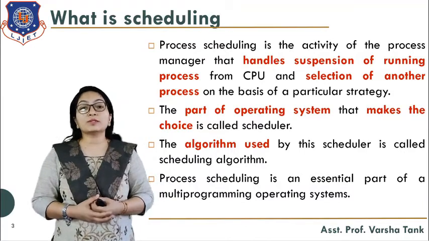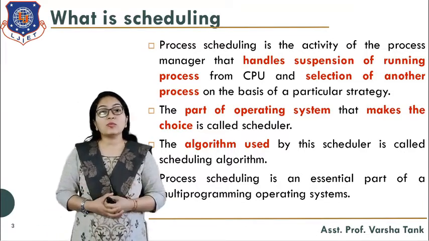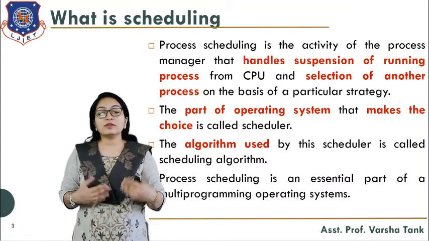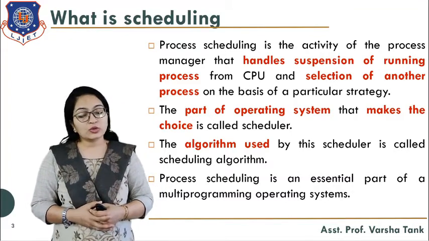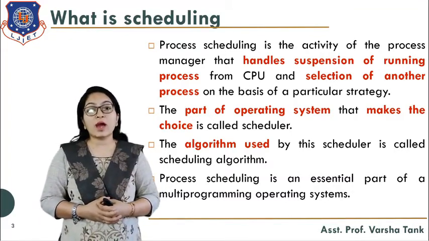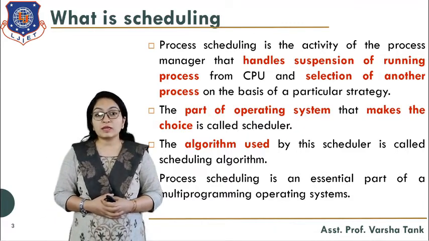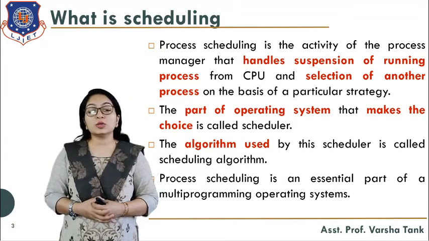For example, the process has completed its execution, or an input output interrupt has occurred, or the process is not able to complete its execution. So there are a number of reasons why we have to suspend the process.